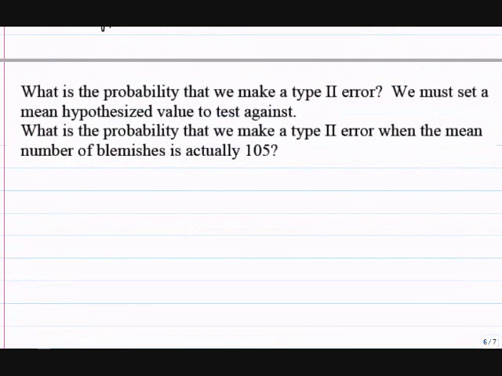If I want to find the probability of a type 2 error, I have to test against some other unknown mean. So I'm going to set another mean at 105. So let's say that our actual mean was 105. Our mu was 105 for our population. We're going to call this mu sub A.